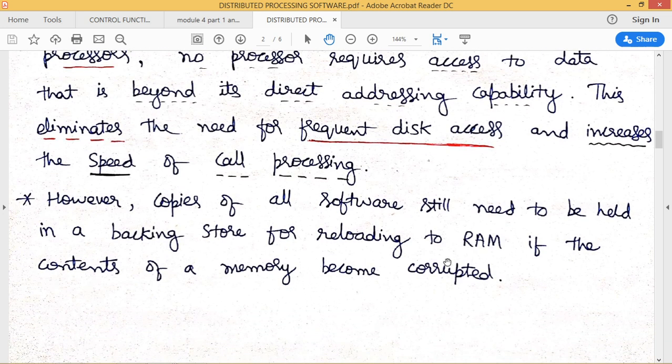Sometimes we may observe contents of the memory becoming corrupted. In such a scenario, the backing store should have the copies of all software that are used by a regional processor as well as the central processor. So that is how distributed processing inside an SPC exchange operates, or how distributed processing processors must operate.